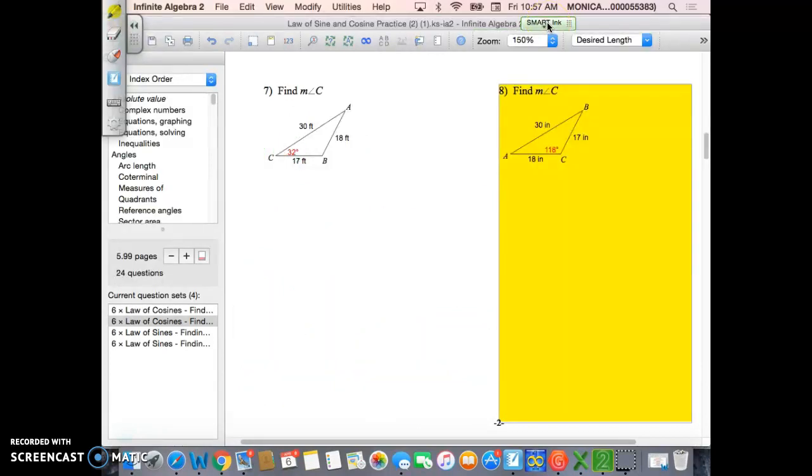Okay. Let's go ahead and try this one. I have the answer here. It's 118, and I'm solving for C. So once again, it's going to be C squared equals A squared plus B squared minus 2AB cosine of C. So I'm going to label my sides. This is little c, little a, little b, and plug in my numbers.